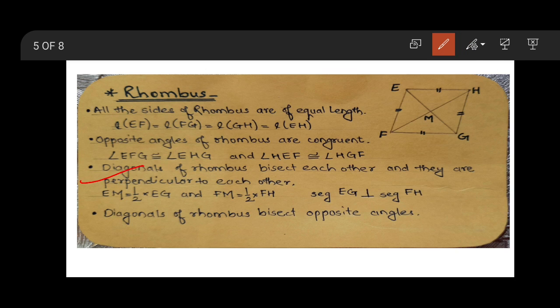The diagonals of a rhombus bisect each other and they are perpendicular to each other. Bisect each other means divide into equal parts.